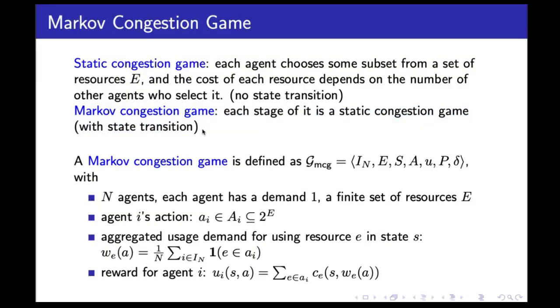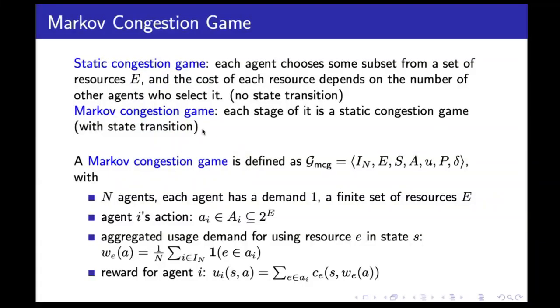And we formulate it with a similar math formulation. We have n agents, and each action is just a vector denoting which resources you are using. We also have the aggregated usage of the resources given the current action profile. Your reward for each player is a summation over all the resources you are using.